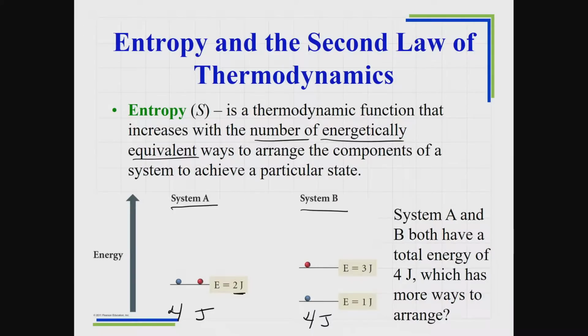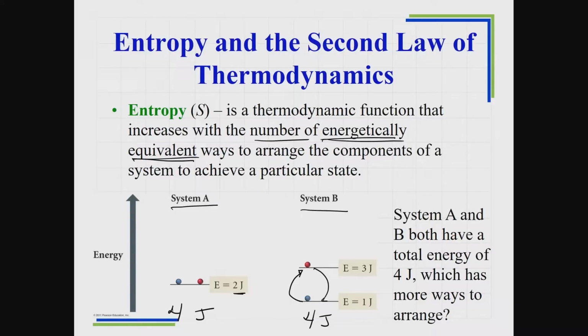Think about that. What if instead of the blue being down here, it was up there, and instead of the red being up here, it was down there? Would that be a different arrangement? Certainly. But would it be the same? Would it be an energetically equivalent way of arranging them? Yes. So in system B, we have 2 ways that we can put those objects to give us 4 joules.